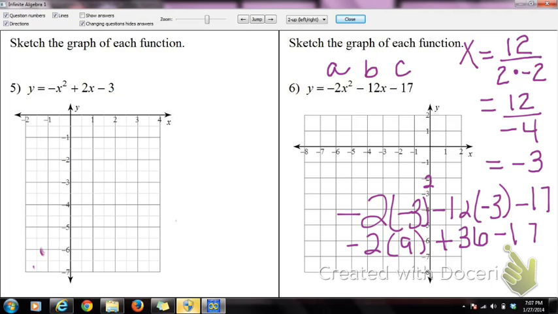When you end up combining that, you do end up getting a negative 18 plus 36 minus 17. Negative 18 plus 36 is just a positive 18. Minus 17, and we'll get 1. So our vertex is negative 3, comma 1.